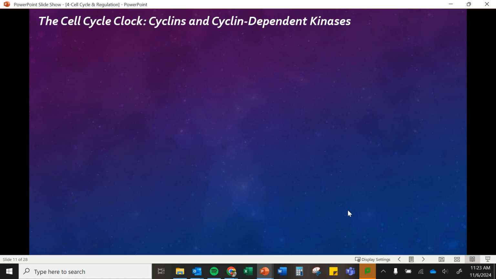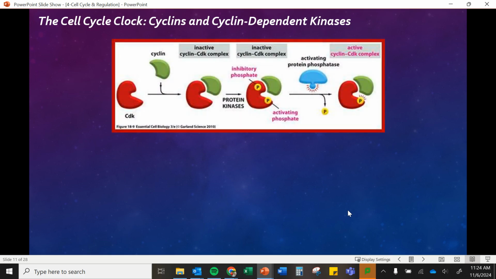Okay, all of this cell cycle is signaled like a clock. And the enzymes that do this are called cyclins and cyclin-dependent kinases. Cyclin is shown here in green, and cyclin-dependent kinases are kinases, which is an enzyme that phosphorylates. It's an enzyme, but they're only active if they have cyclin bound to them.